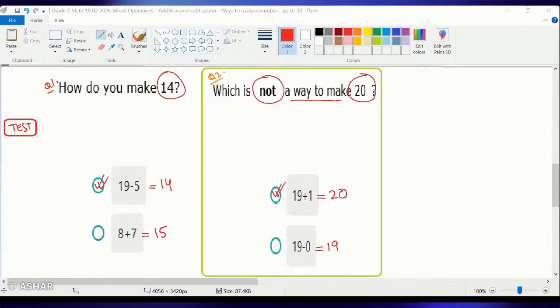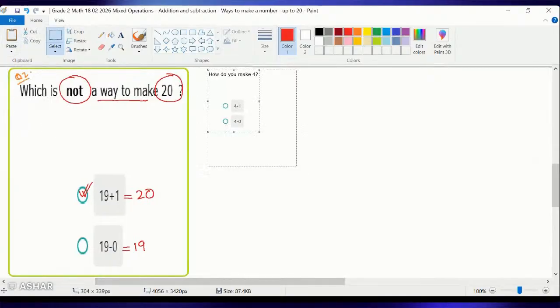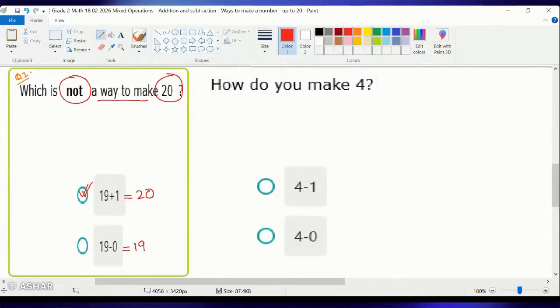Let's try, sorry. How do you make a 4? For the next question they're asking us, how do you make a 4? Just a moment, please. For question number 3, how do we make a 4?